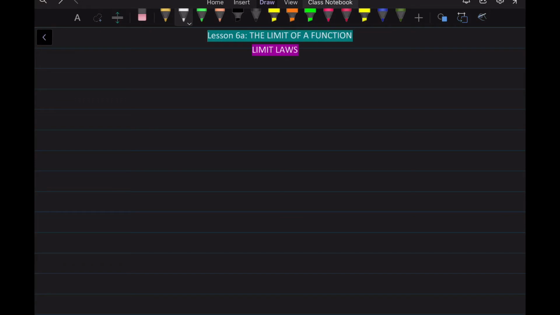Suppose I have a function f(x) whose limit as x approaches a exists and is equal to the number p. And similarly, let's say I have a function g(x) and whose limit as x approaches a is equal to the number q.